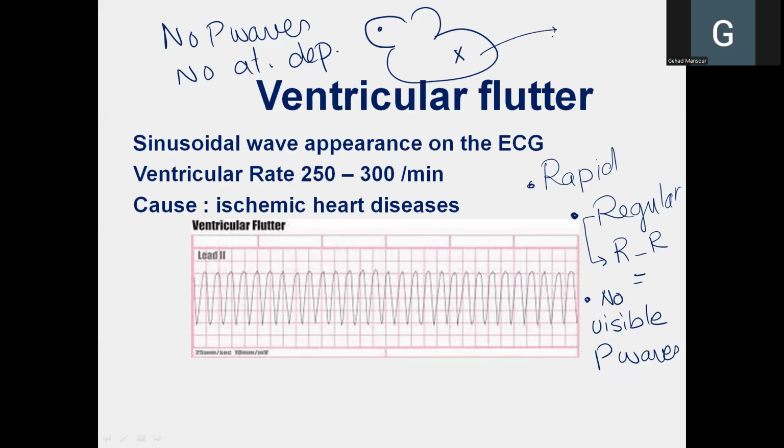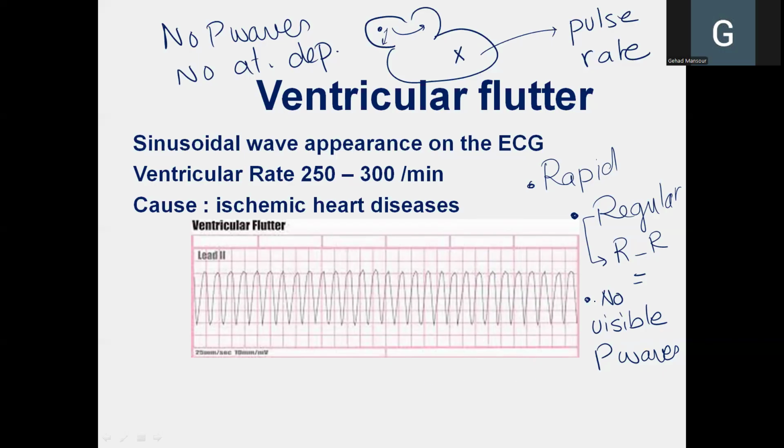So when you measure the pulse rate of the patient clinically, or when you measure it through the ECG, it's the rate of the ventricles that is overriding the rate of the whole heart. So there is atrial depolarization, but it's not seen because it is masked by the QRS complexes.